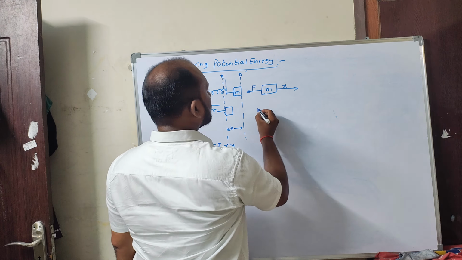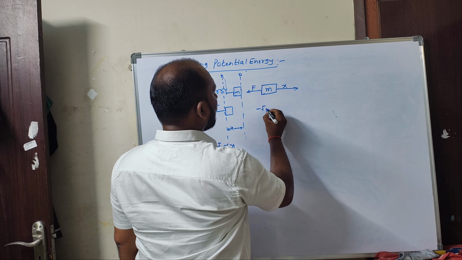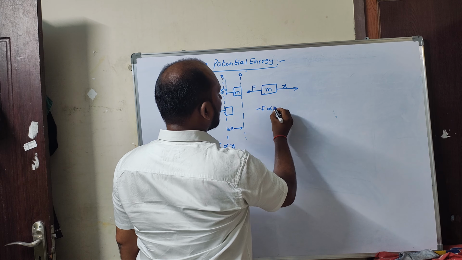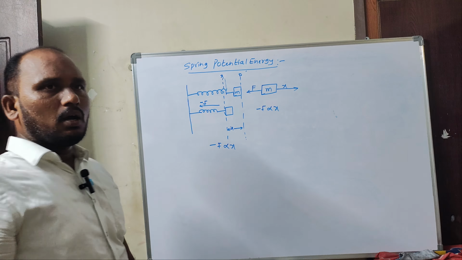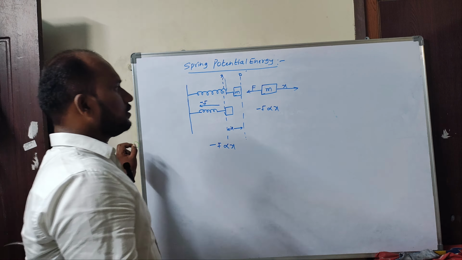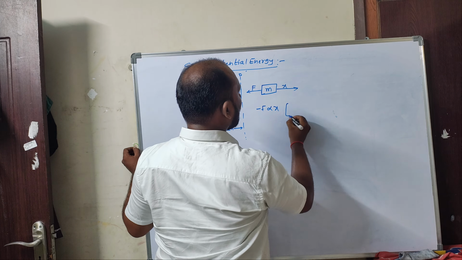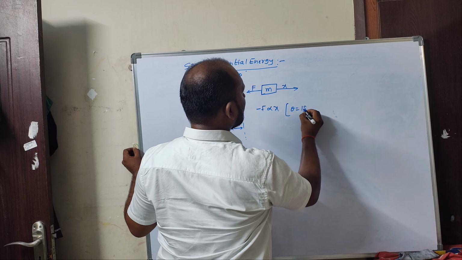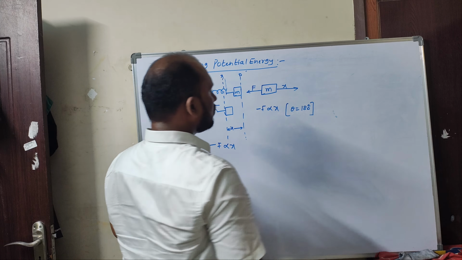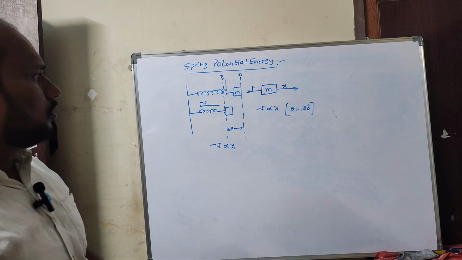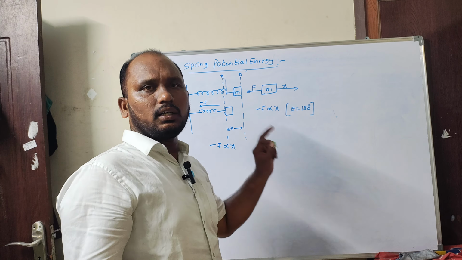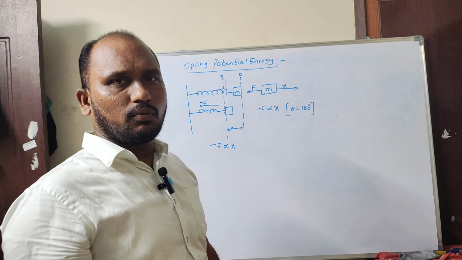Both are opposite, so I put minus F proportional to x. Both are anti-parallel. Anti-parallel means theta is 180 degrees. That is the first thing we observe.